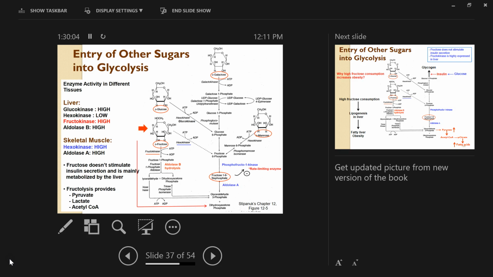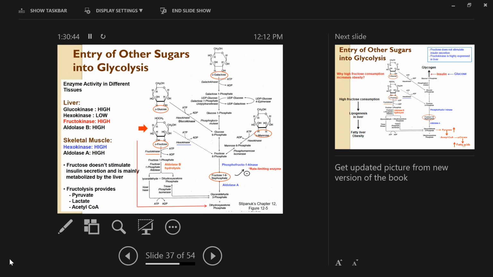And if you look at the metabolic pathway, it's also different. Before we talk about fructose, let's just look at the glycolytic pathway, as a summary. Glucose, first of all, is phosphorylated to glucose 6-phosphate by glucokinase or hexokinase, and this is one of the key reactions in glycolysis.